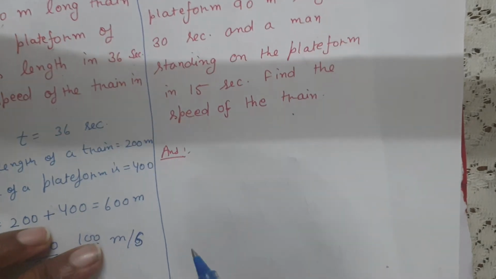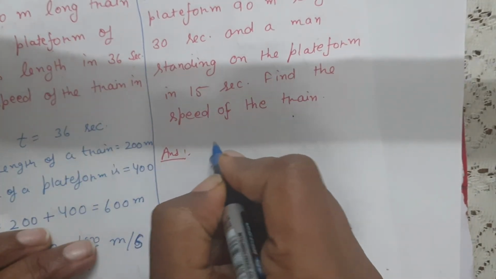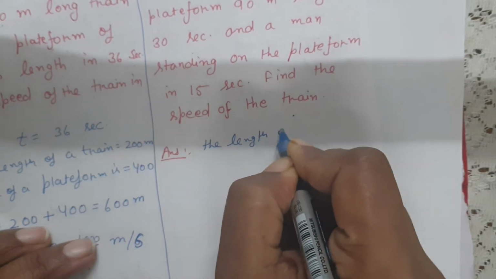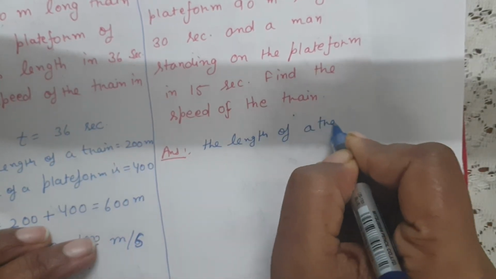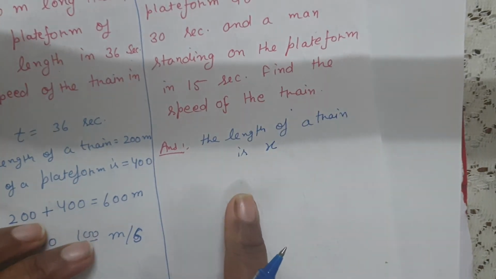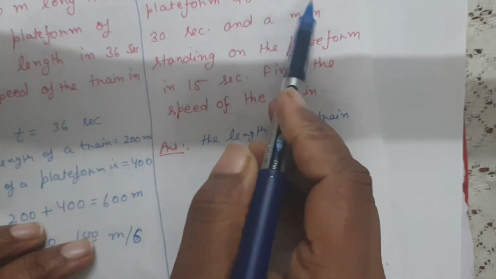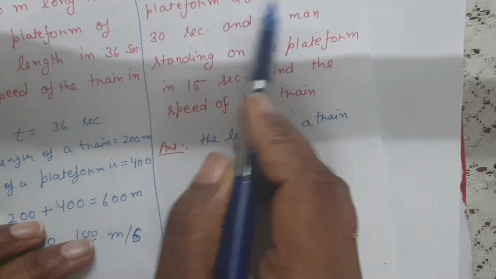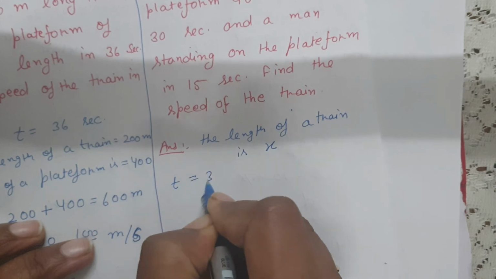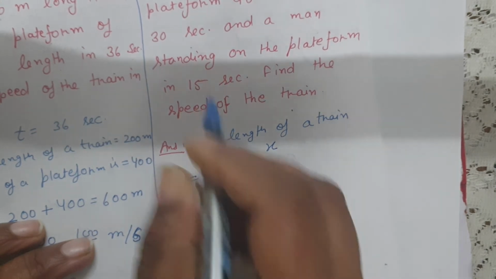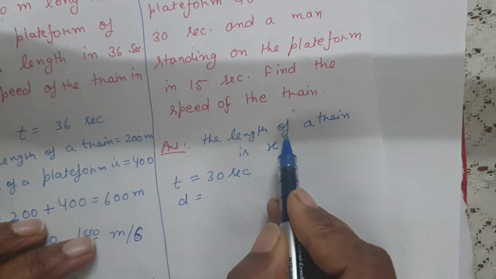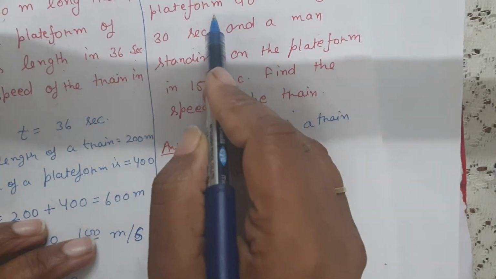So first of all, suppose the length of the train is x. Okay, and now the first time is 30 seconds, and the distance is the length of the train plus the length of the platform.